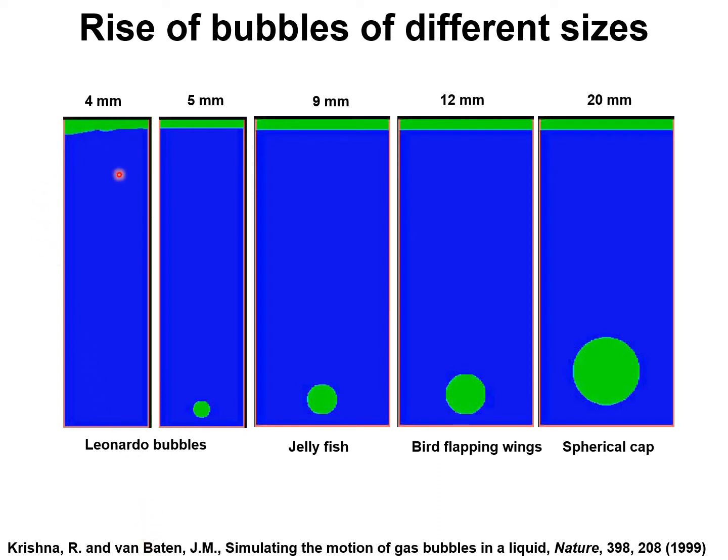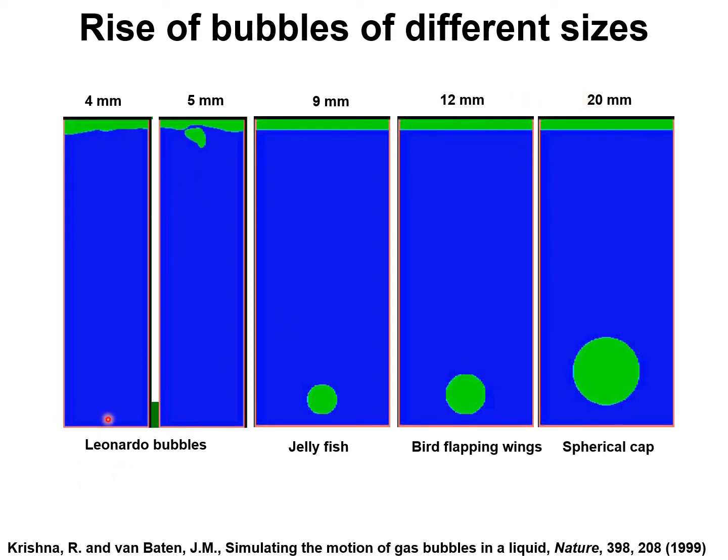Here I show video animations of the simulations for a 4 millimeter bubble rising in water, 5 millimeter bubble rising in water, 9 millimeter bubble, 12 millimeter bubble, and 20 millimeter bubble.